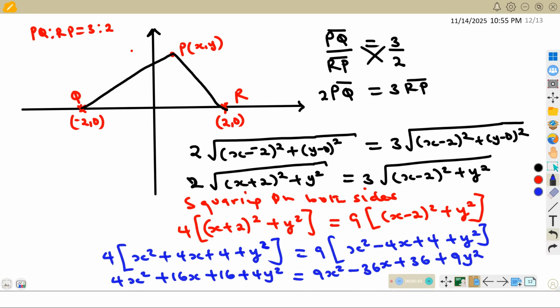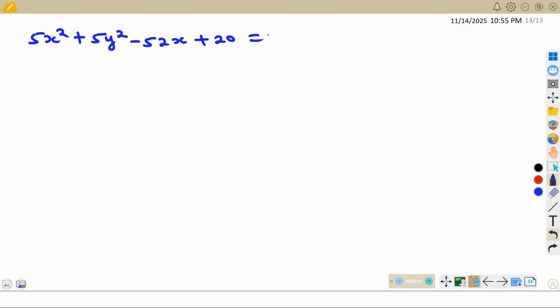Then we take y; we don't have y on this side, so we take the constant. So 16 minus 36, that will be minus 20, so this is plus 20, and this should be equal to 0. So from this point, we can divide through by 5 to give us x squared plus y squared minus 52 over 5 of x, and then 20 divided by 5 will give us a 4, and this will be equal to 0.